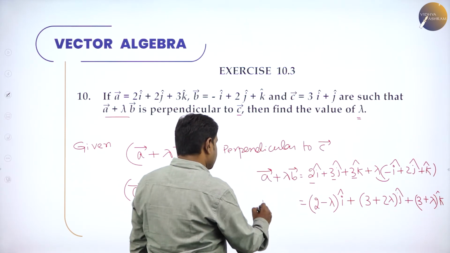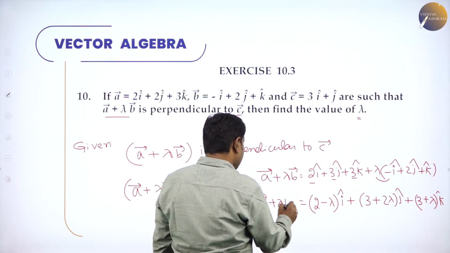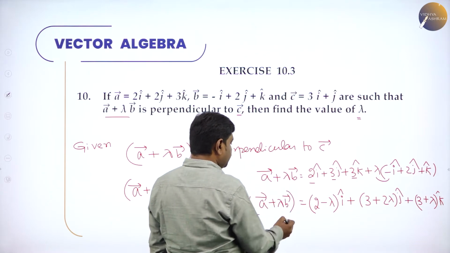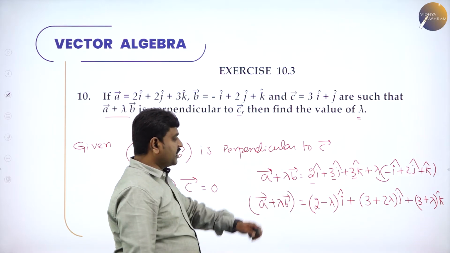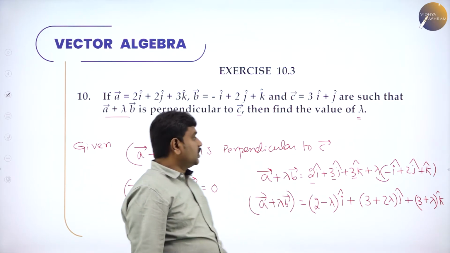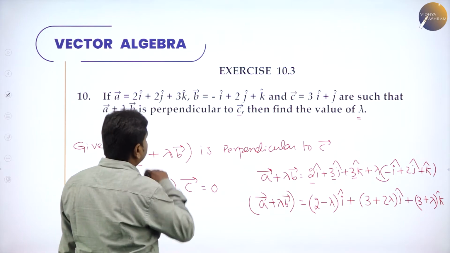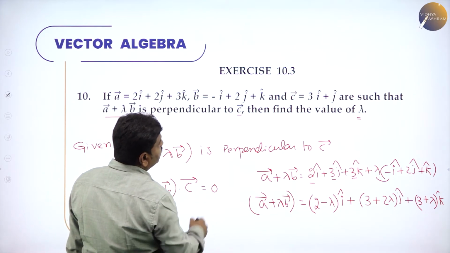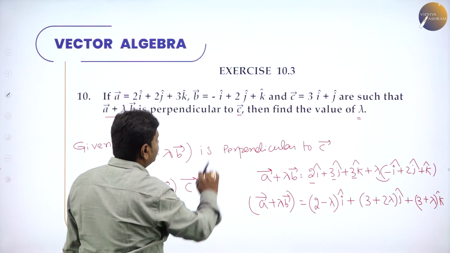Now vector a plus lambda b is 2 minus lambda i cap plus 3 plus 2 lambda j cap plus 3 plus lambda k cap. Now vector c they have given is 3i cap plus j cap. No k cap is given, so the k component is 0.